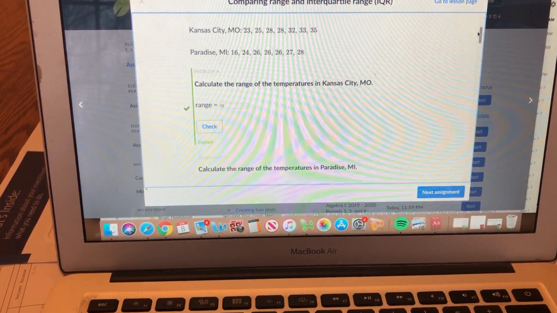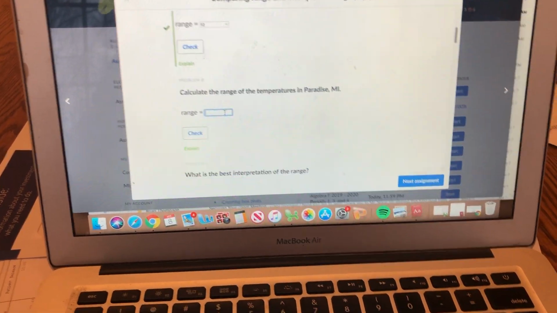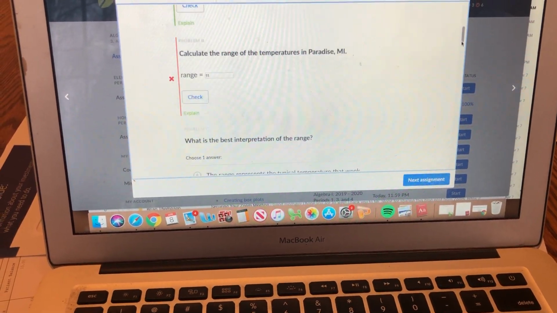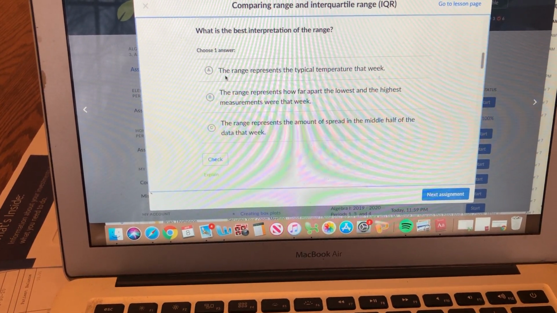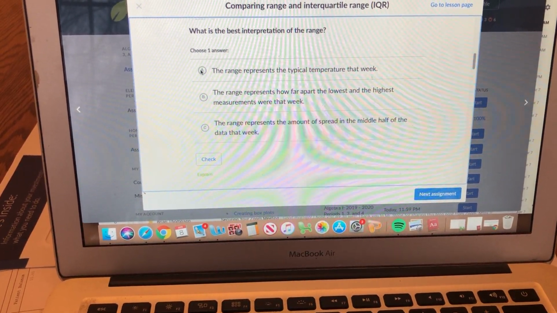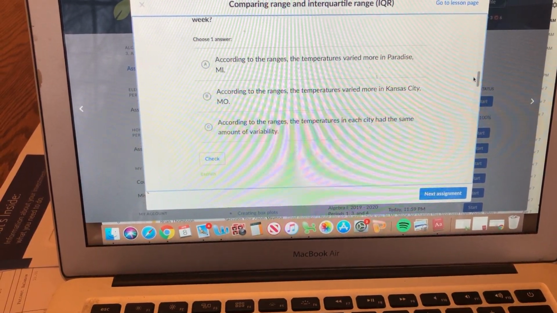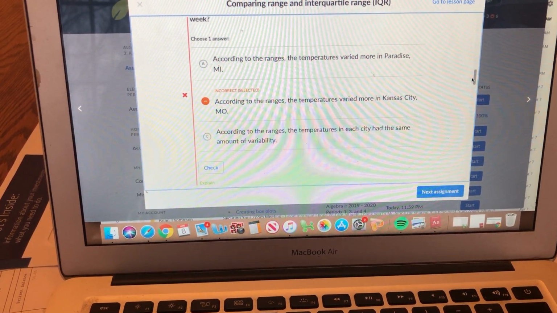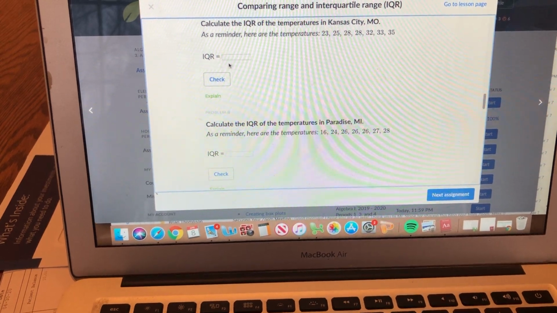Calculate the range, and so I'm going to goof this up. I'm going to say it's 11. I know it's 12. Okay, so I missed that one. What is the best interpretation of the range? Again, I'm going to goof this one up. And I'm just going to randomly guess at this one.